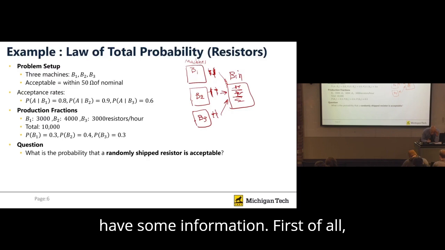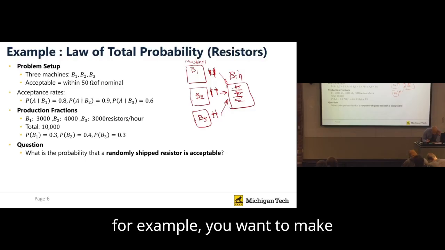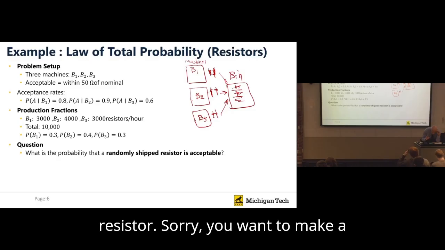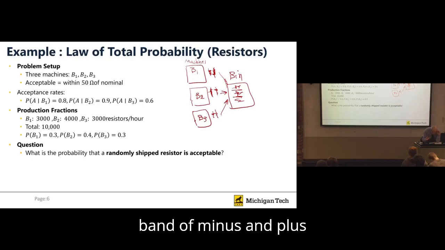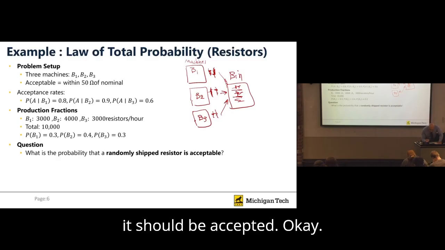We have some information. First of all, we define a resistor acceptable if, for example, you want to make a resistor. This resistor, if it is in a band of minus and plus 50, should be accepted, okay?